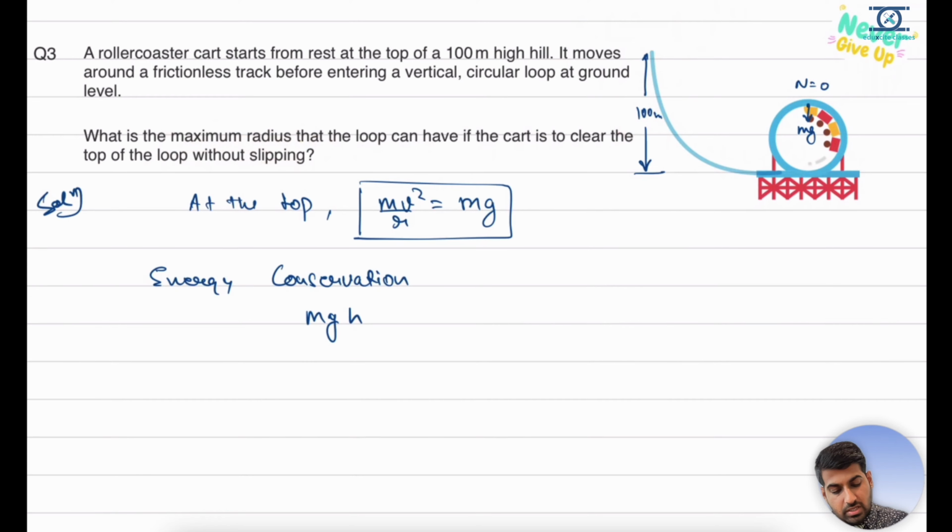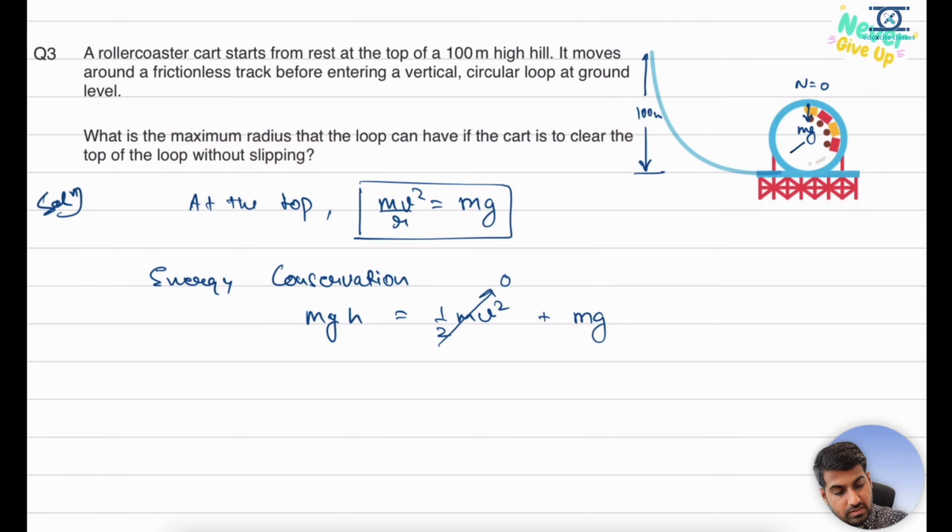So this will be converted into the energy at this point, where we will not consider kinetic energy, because it just has to complete the loop. So when it has to complete the loop, the velocity will be 0, and there will be certain gravitational potential energy.